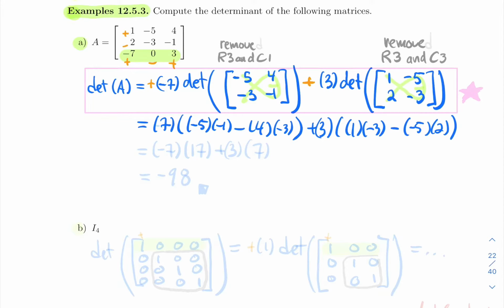Oops, I just forgot the minus in front of the 7 here, sorry. So you're going to get minus 7 times, so you have 5 plus 12, which is 17, plus 3, and then you have minus 3 plus 10, that's 7, and then if you do the math, you're going to get minus 98. So the determinant of A is minus 98.